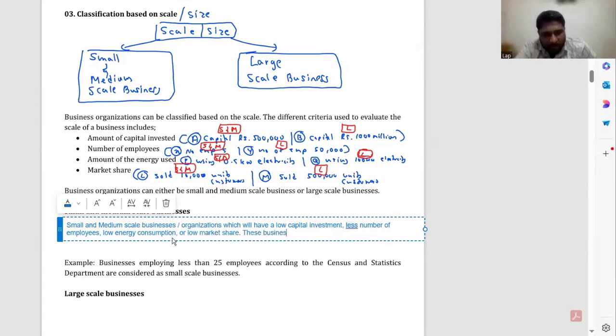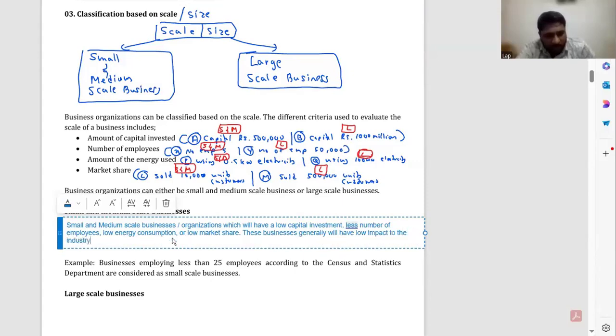These businesses generally will have low impact to the industry.